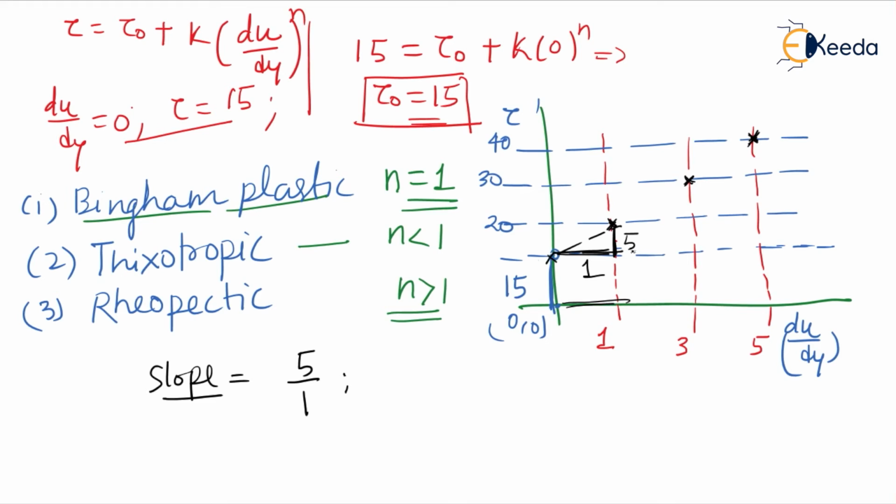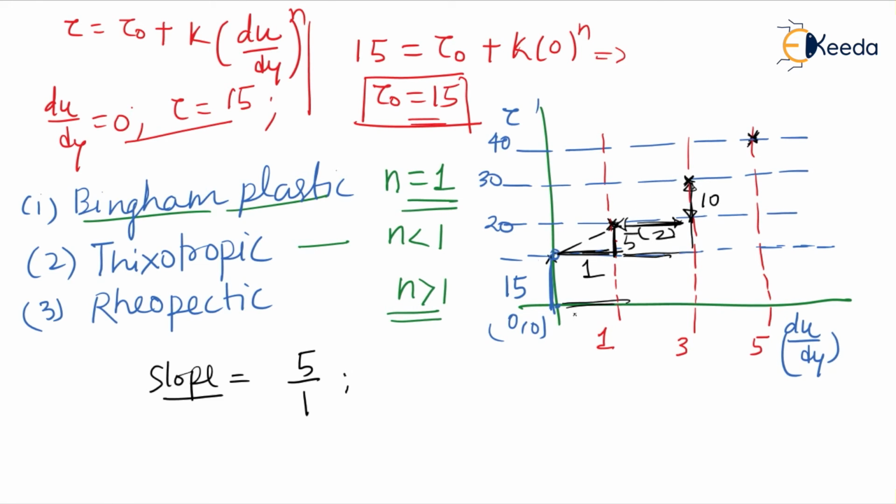Now for the second segment, let us take this one. This is 3 minus 1, so the base is 2. And the height, from 1 to 3: at 1 the value is 20 and at 3 the value is 30, so the height is 10.